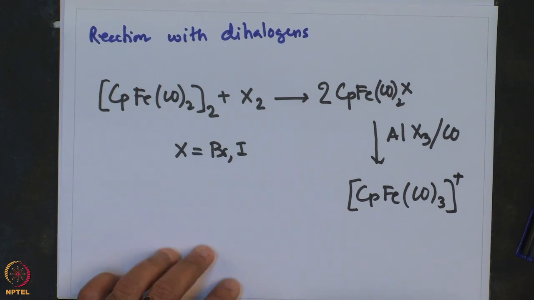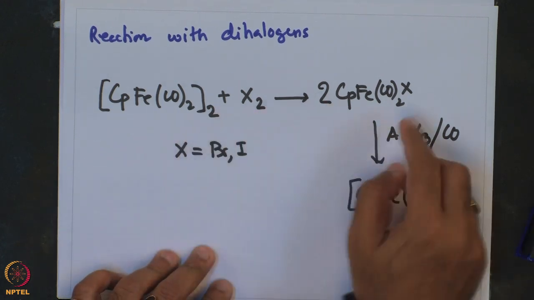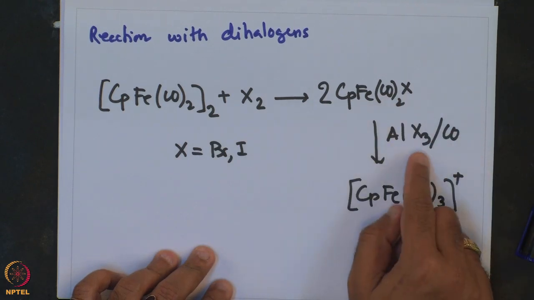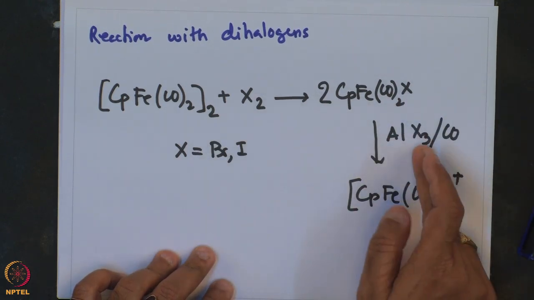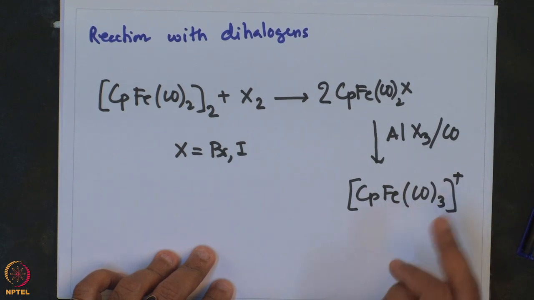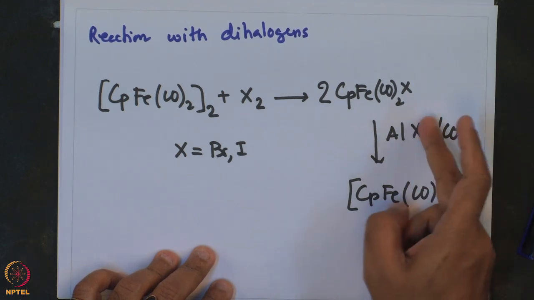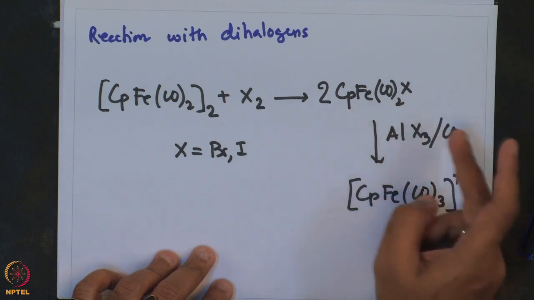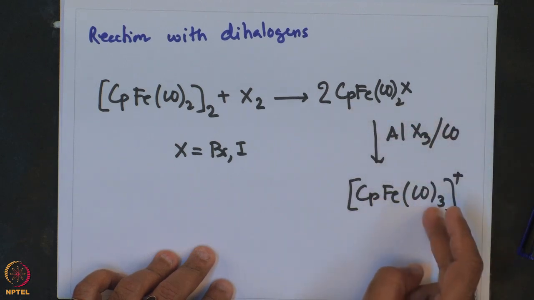Now, what we see here is the formation of the halide and subsequent abstraction of the halide to give this CpFe tricarbonyl cation, and the vacant site generated by the abstraction of the halide is occupied by the third carbonyl.